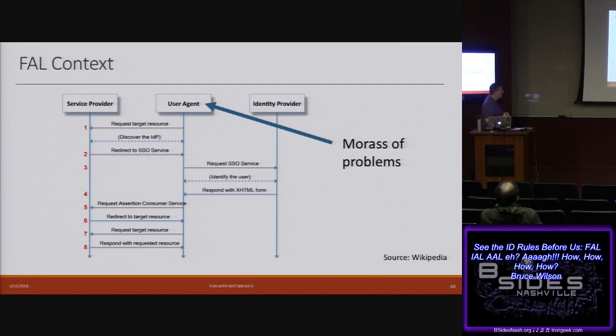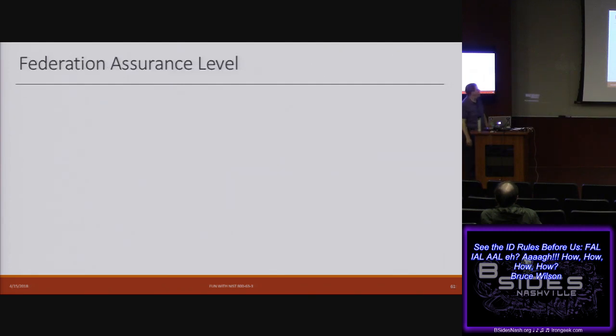There was a recently announced series of vulnerabilities in SAML. Many SAML libraries actually have a problem that they do not correctly canonicalize the XML in computing the signature. Duo Labs posted an interesting article about that. So Federation Assurance Level 2, because the SAML assertion is encrypted, actually protects against all of those kinds of things.